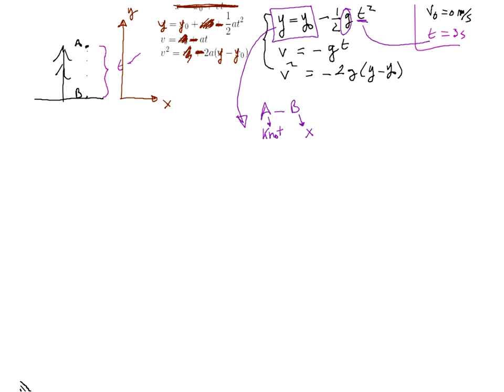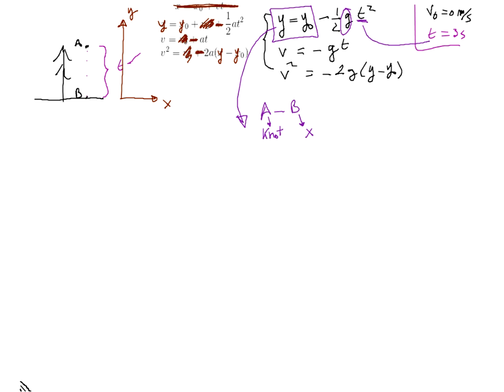Based on this, we're looking for Y. So what value are we going to put for all those little buggers? Are you going to solve for y, or are you going to solve for y naught? Which one of the two do we know? Excellent. You're going to solve for y naught, because we know where y is.